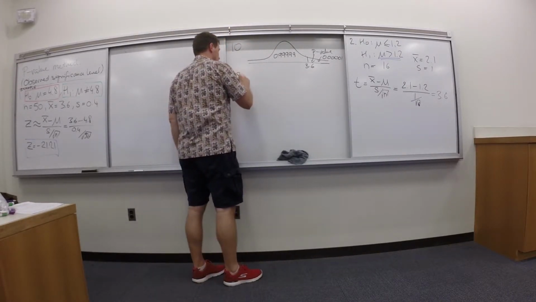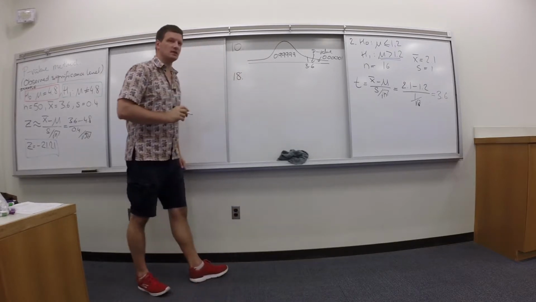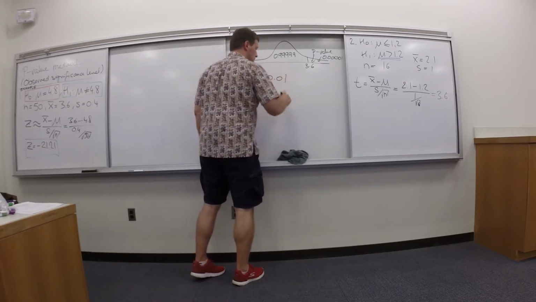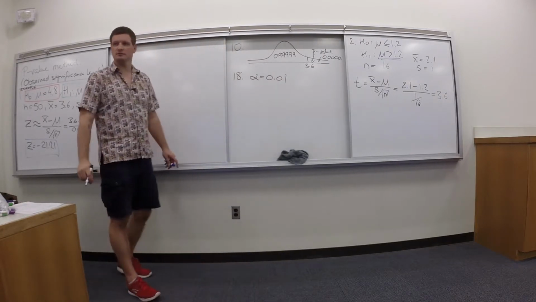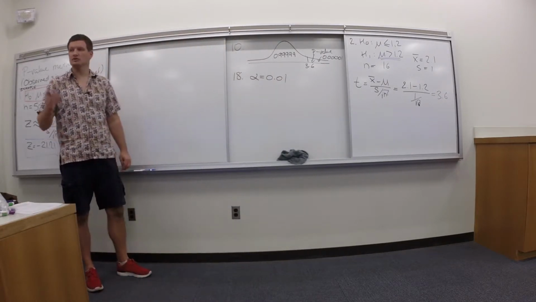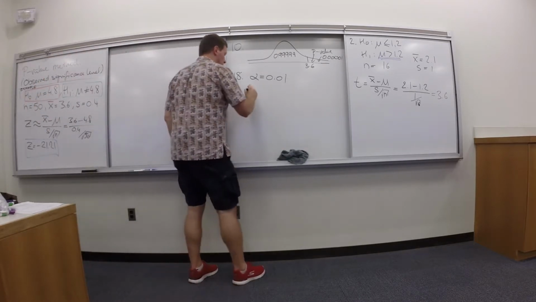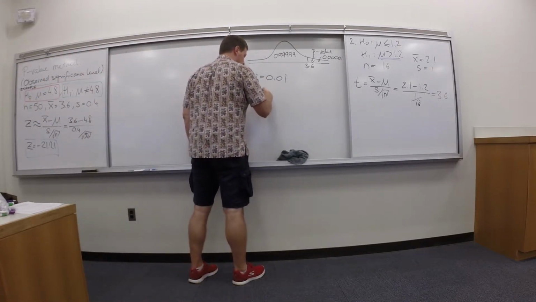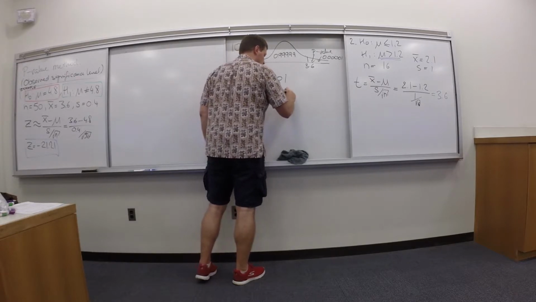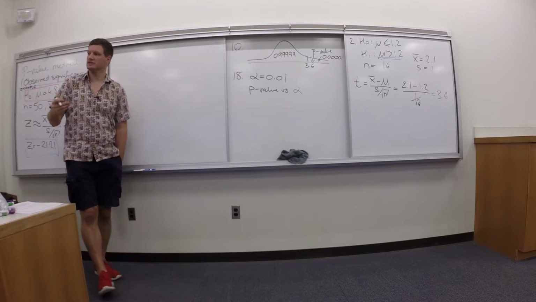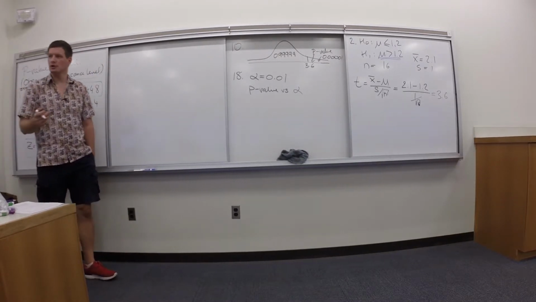Question 18 is asking you, hey, if alpha is 0.01, what happens for alpha 0.01? I'm going to use the p-value method first. The p-value method says, hey, I'm going to compare the p-value versus alpha, the observed significance versus the significance level given to you.